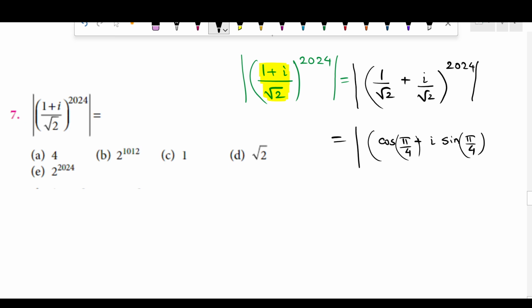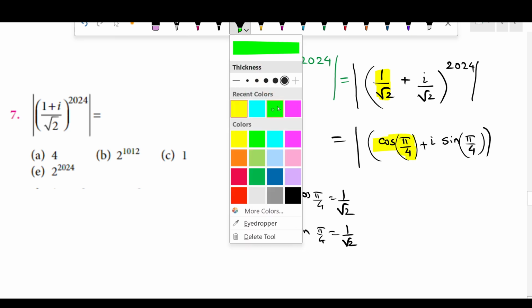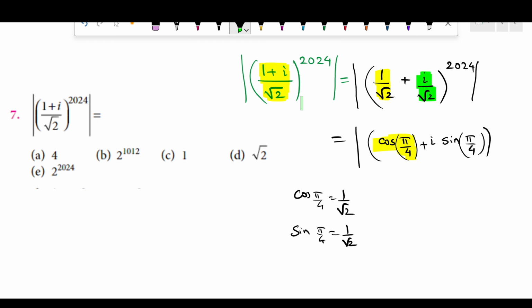Since cos pi by 4 is what? Cos pi by 4 is 1 upon root 2, and sin pi by 4 is also 1 upon root 2. So in place of this we have written this, and in place of this we have written this. Any doubts?